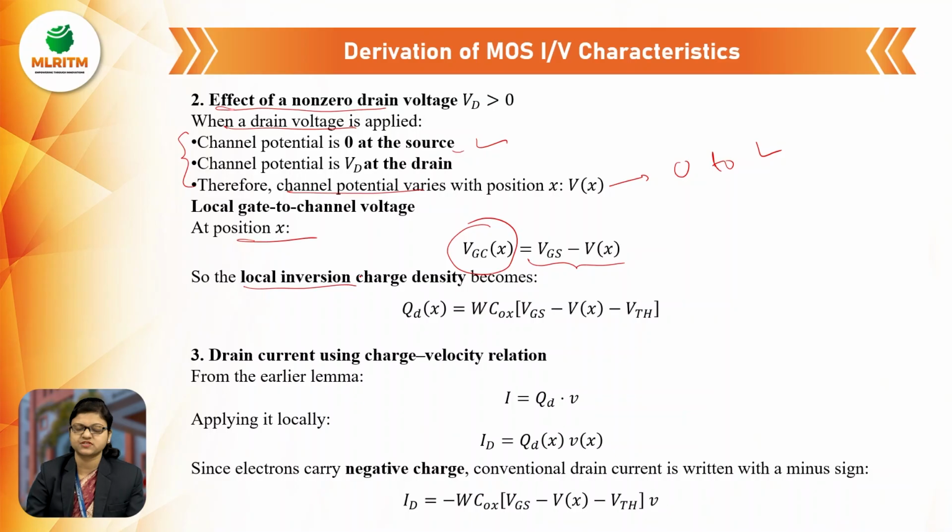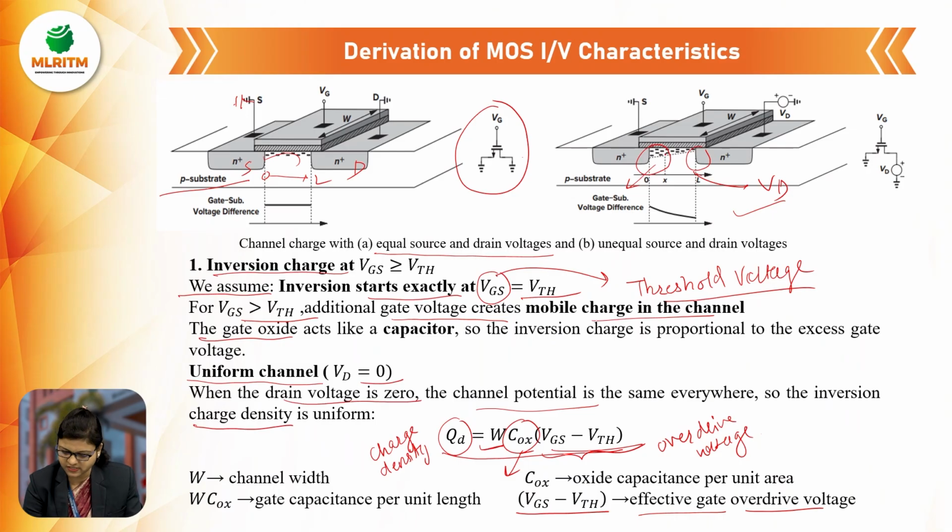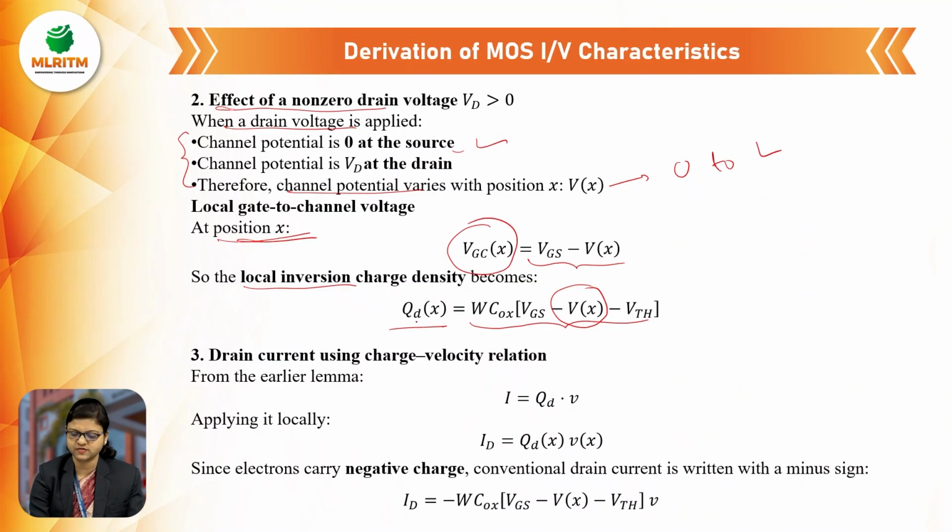Now there is also a local inversion channel charge density, which becomes Q_D of x, at that particular position x. Here, instead of VGS minus VTH, we have to consider this voltage also, that is, V of x. So the whole equation becomes Q_D of x, the density at that point x, equal to W Cox (VGS minus V of x minus VTH).